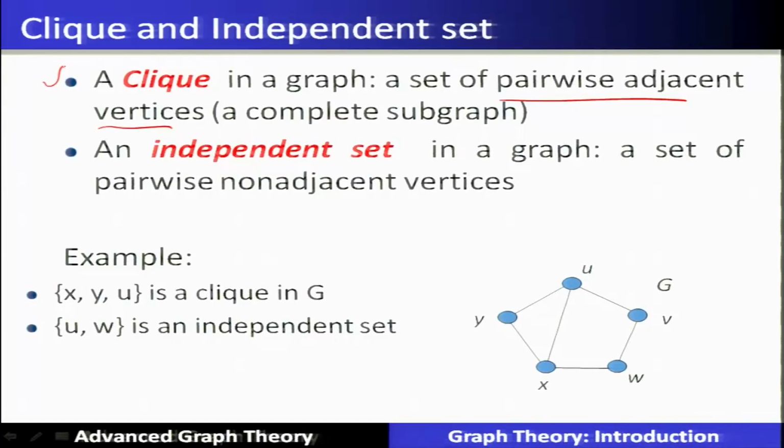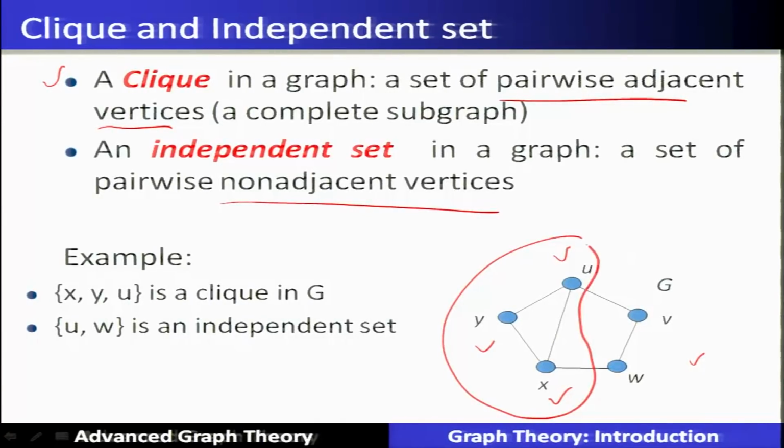These are some of the terminologies which are going to be widely referred to throughout this lecture. Now, a set of pairwise non-adjacent vertices is called an independent set. In this example, we can see that u, x and y are a set of pairwise adjacent vertices, hence this is a clique.